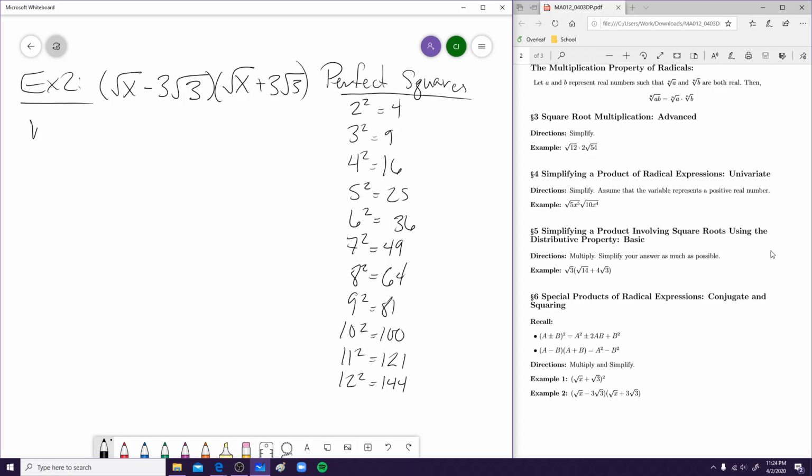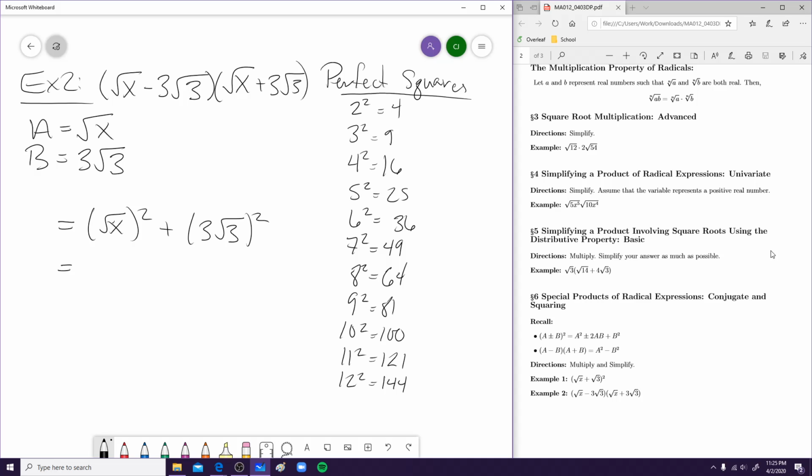So what is A? A is the first term of the factors, which is square root of x, and B is 3 square root of 3. And what does the formula tell us? If we multiply the conjugates, then we'll get a squared minus b squared. So this would be the square root of x, quantity squared, minus 3 square root of 3, quantity squared.